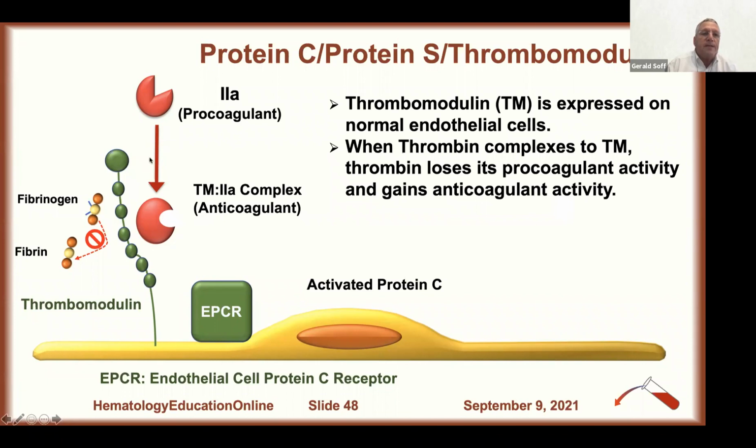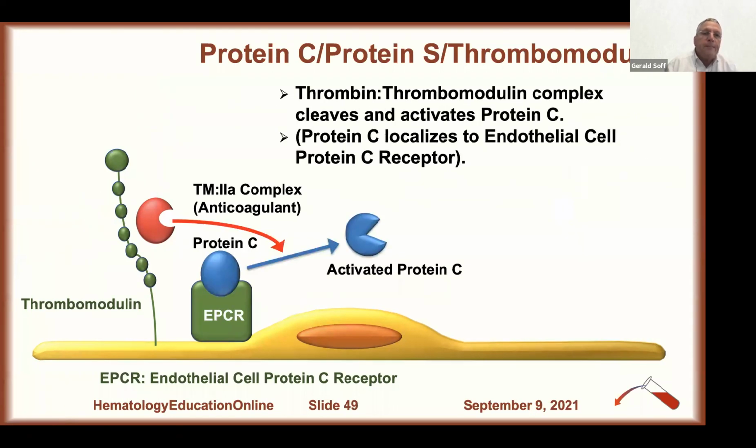So this is the first step here. Thrombin sees thrombomodulin on an intact endothelial cell, it binds, and it undergoes a conformational change. When thrombin is bound to thrombomodulin on the endothelial cells, it also then gets co-localized to protein C. So this is the endothelial cell protein C receptor, or EPCR.